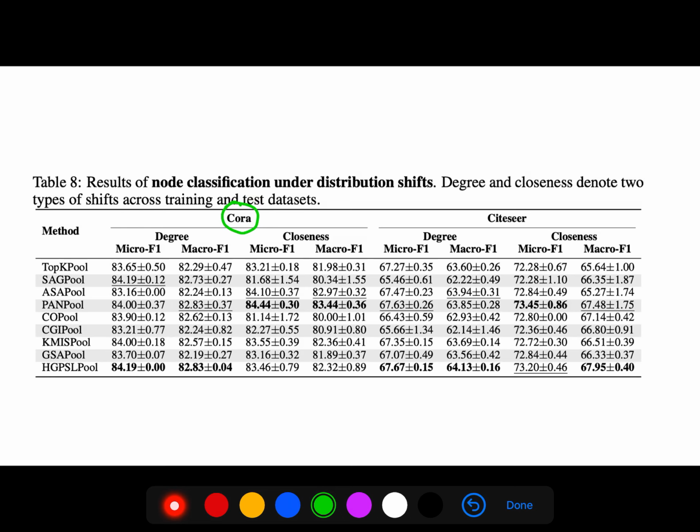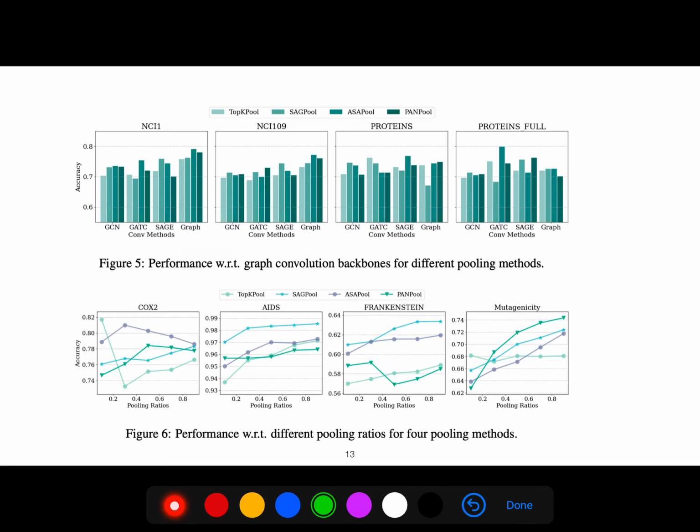Then if you use PANPool for Cora, then the macro F1 accuracy for PANPool is 82%. Then you can also see what happens if you change the convolution methods, for example, going from GraphSAGE to graph attention or graph convolution.